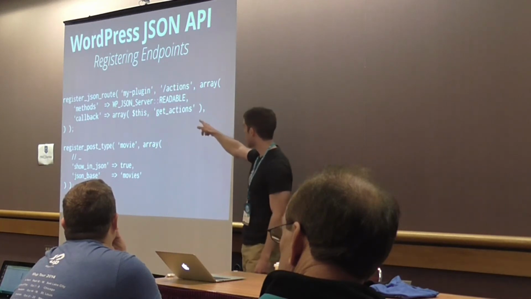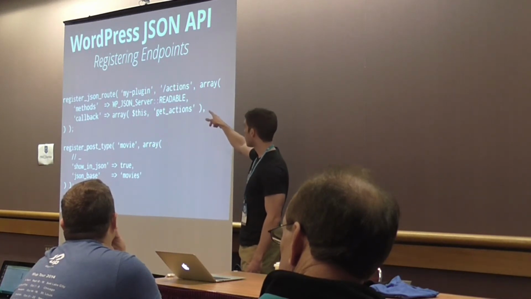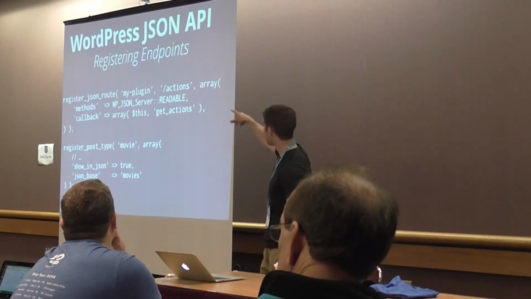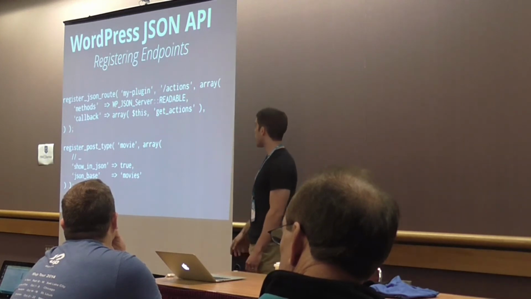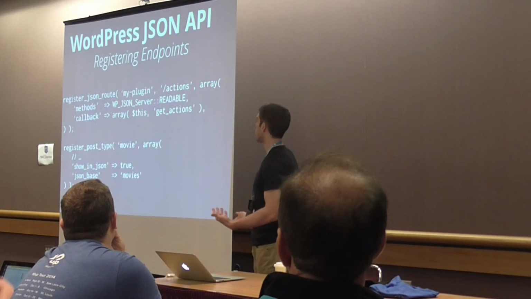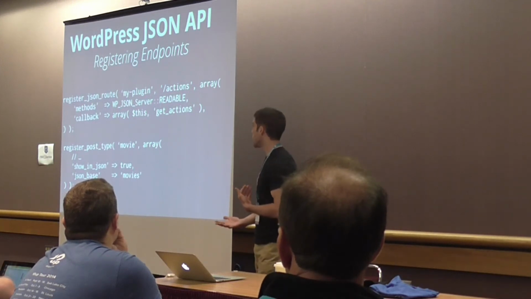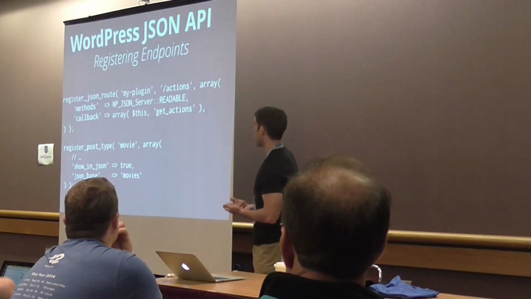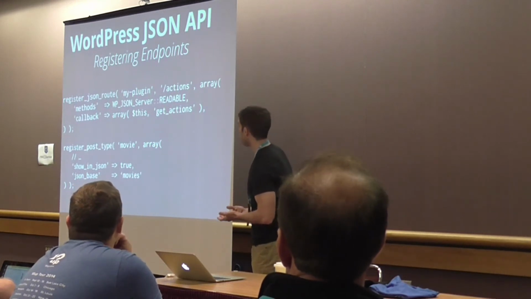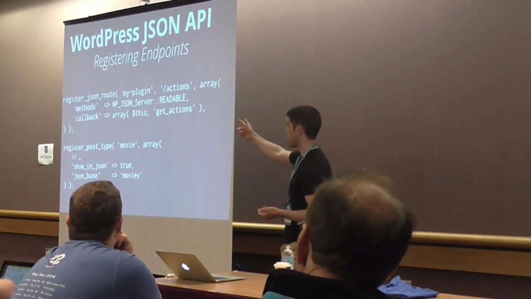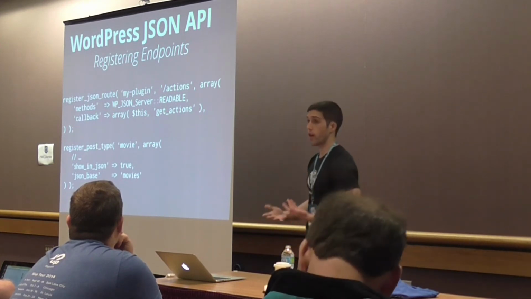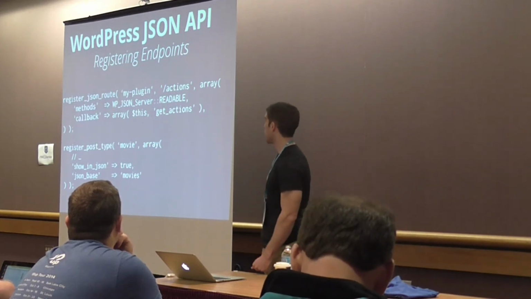First is the namespace. Second is the actual route that you would be able to reach that at. And then the third is an array of arguments that describes that endpoint. It describes what methods you can use to call that endpoint: readable, creatable, updatable, deletable, etc. And then you want to give it a callback, which is just the code that would actually be executed when you hit that endpoint.